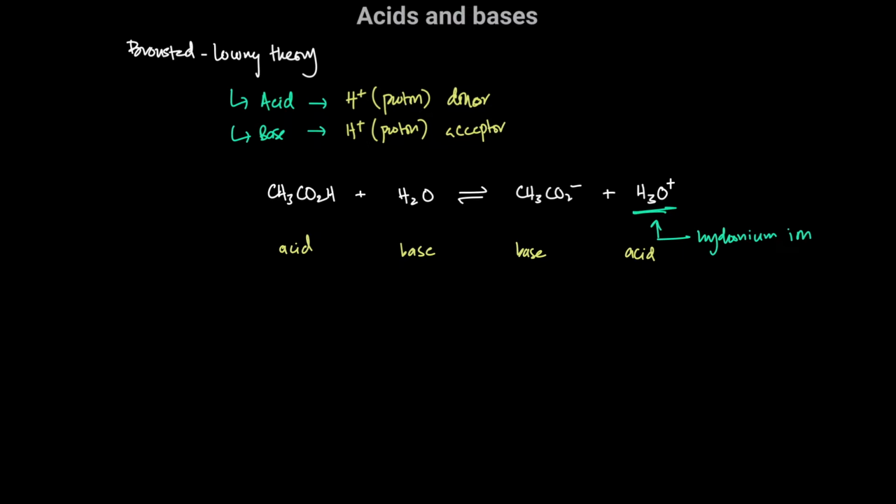Now, ethanoic acid and the ethanoate ion are known as a conjugate acid-base pair. When an acid loses a proton, it forms its conjugate base.